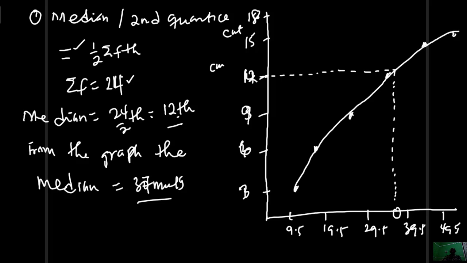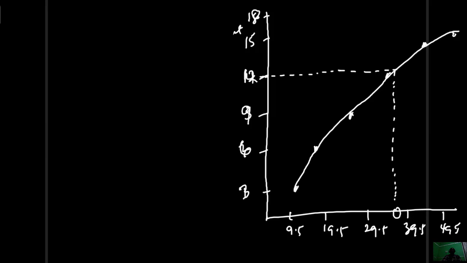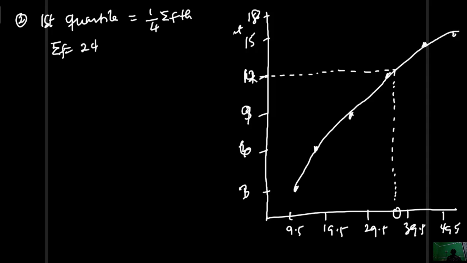Let's check more examples. So the second one is the first quartile. First quartile means 1 over 4 sigma f position. Note that the second quartile is the same as the median. So let's find out based on our sigma f, which is 24.